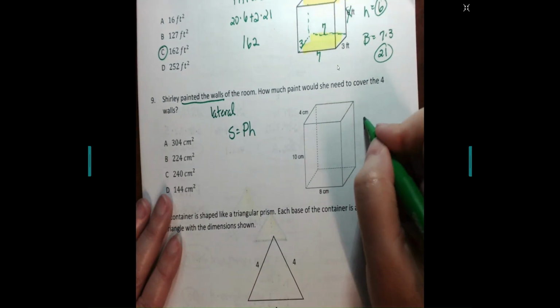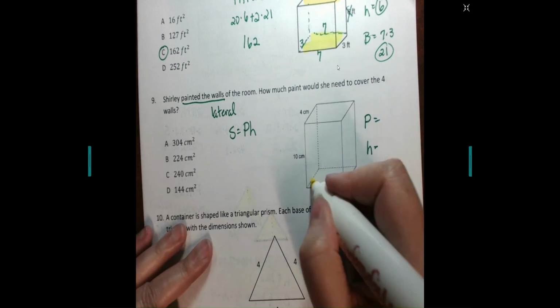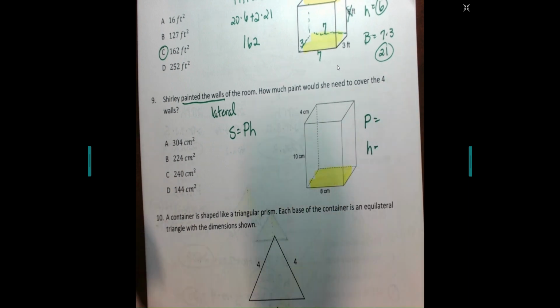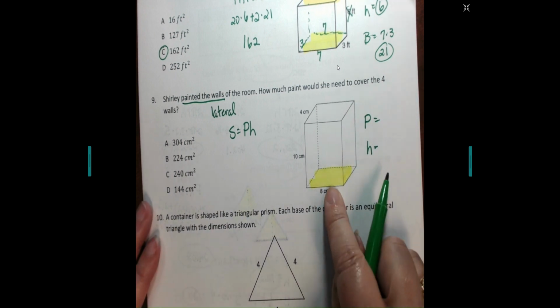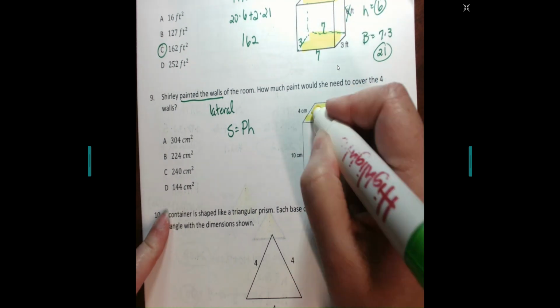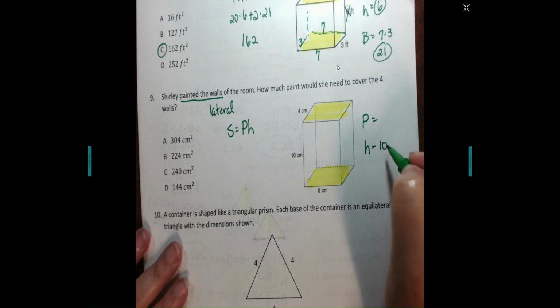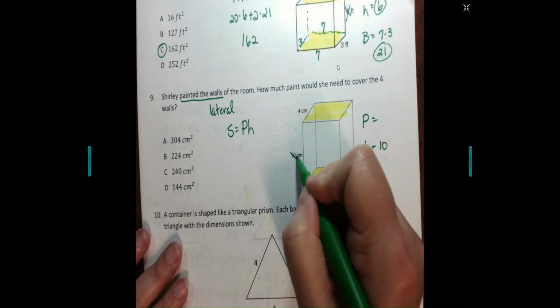So if I come over here, what number has nothing to do with the yellow box? 10. This box is 10 centimeters tall. All right.